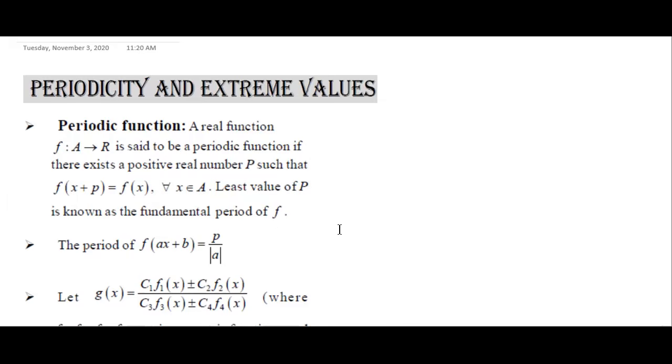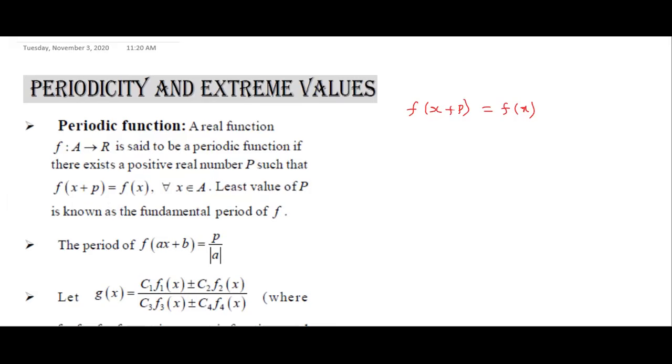So if f of x plus p is equal to f of x, then we say that the given function f of x is a periodic function, where p is the least positive real number. The period of the function f of x is the least value of p.